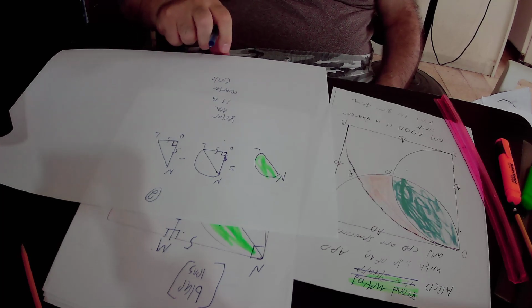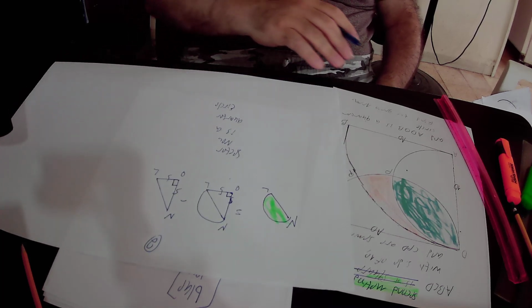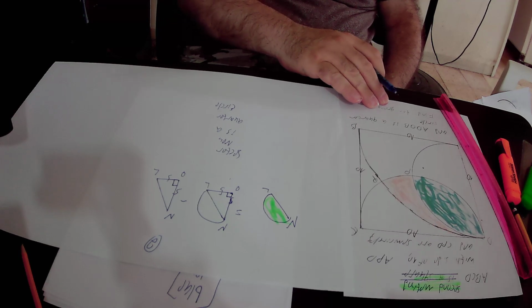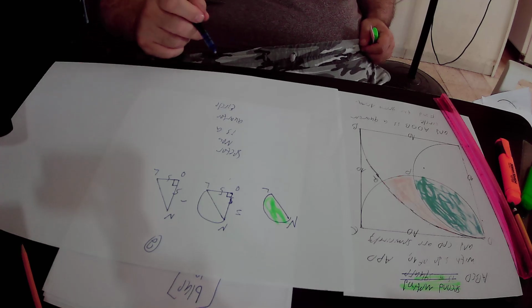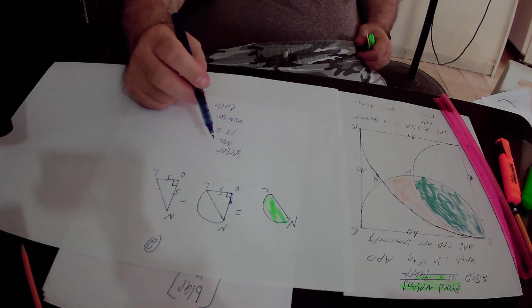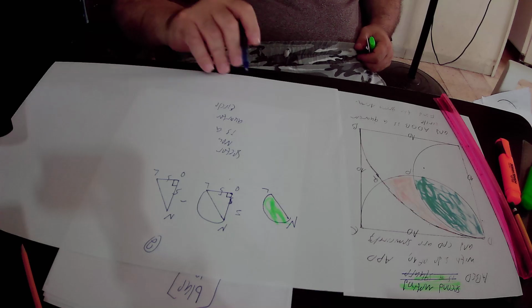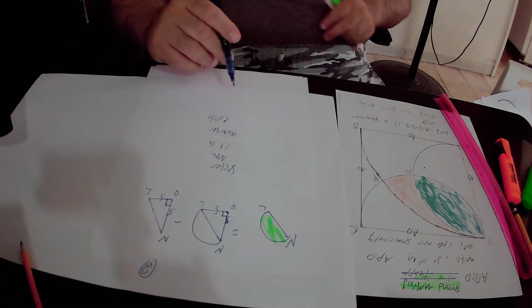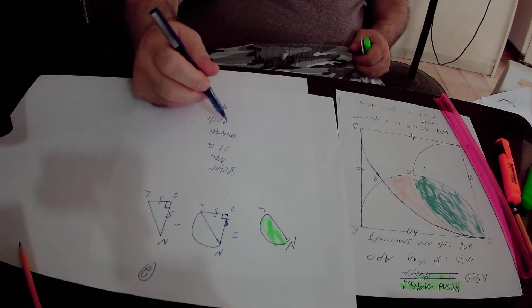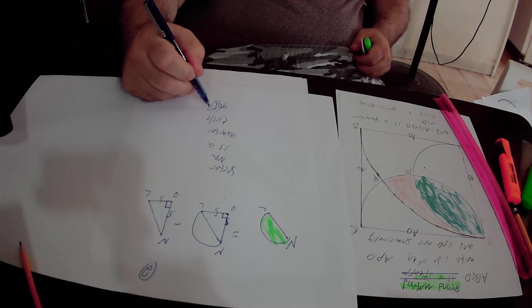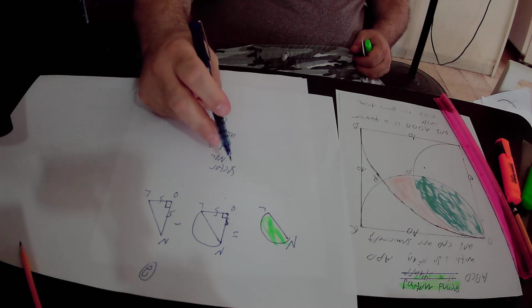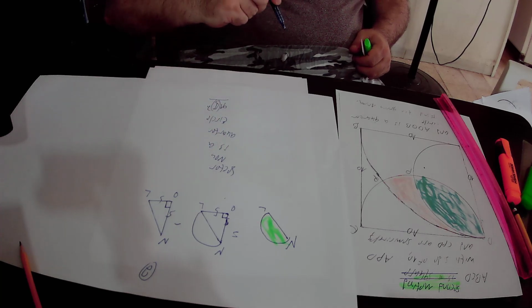And we know that the area of any quarter circle equals the area of the circle over 4. The area of this circle is pi r squared, and r equals 5, so it is pi 5 squared. This is the area of the circle. If we divide it by 4, we get the area of this sector.